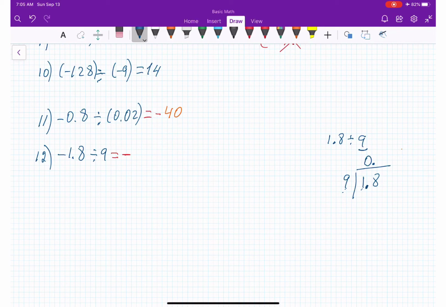Every time you cannot divide and you have decimal notation, you put 0 and mark down the decimal. And then 18, I'm taking 18 divided by 9, it's going to be 2. So 0.2.